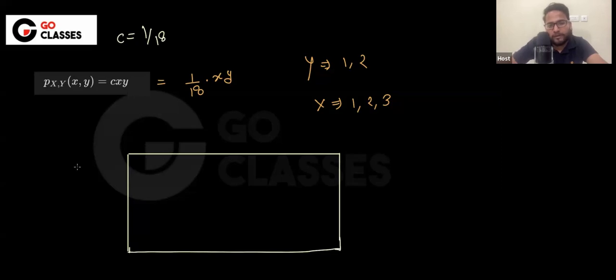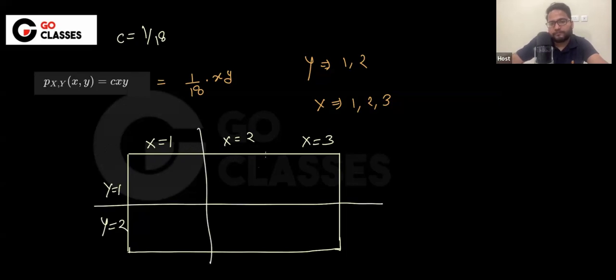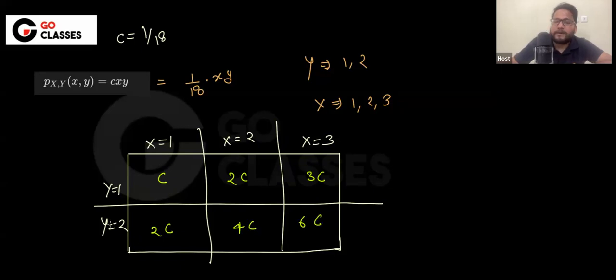This length is more, so I can write X here. Is this fine? Let's suppose Y equal to 1, Y equal to 2. That's very easy. You can just multiply, right? This is C, this is 2C, this is 3C. This will be just double of this, which is 2C, 4C, and 6C, right?